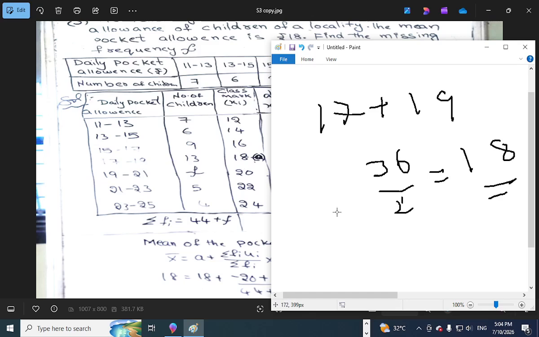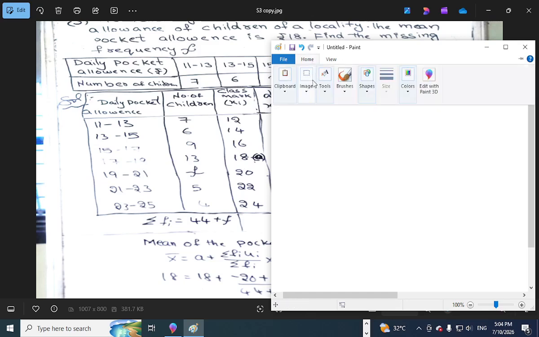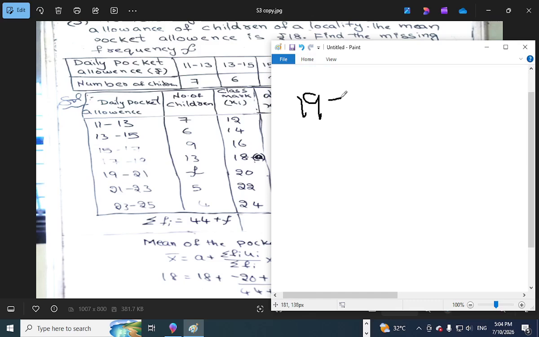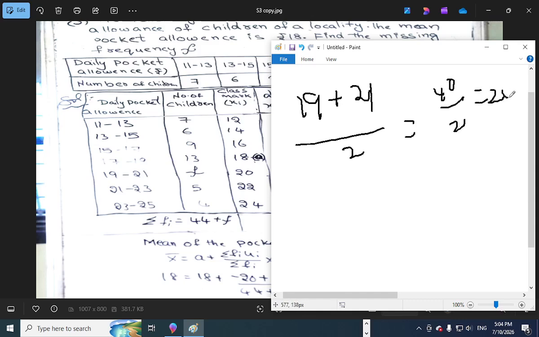Then the next class, 19 to 21. Finding the average, 19 plus 21 equals 40, 40 by 2 equals 20. 20 is the midpoint, and we are writing 20 as the class mark for 19 to 21.